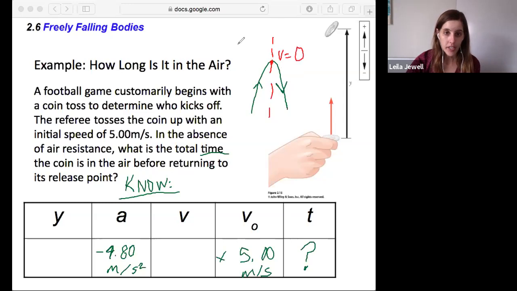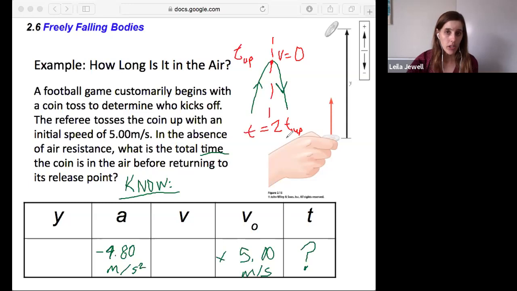And so we could find the time that it takes to go up, and we could even note that that's going to be the same on either side. So for our total time, it would end up being 2 times the time it takes to rise or to go up. All right, so that would be one approach.